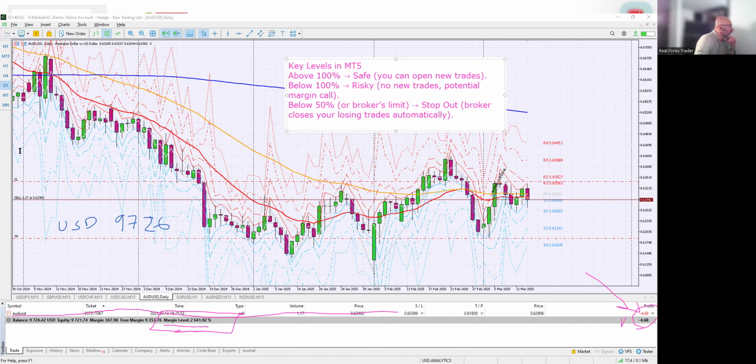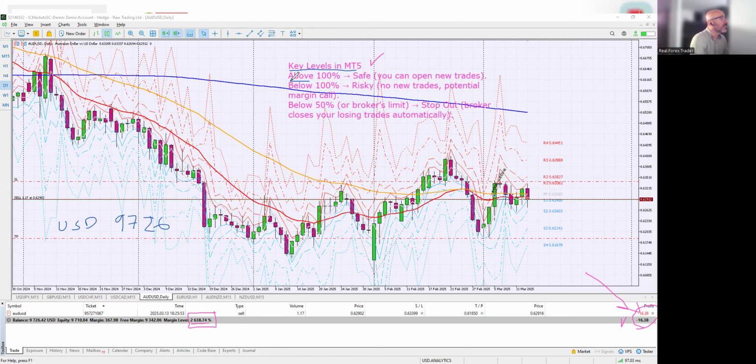If my margin level, this percentage here, is 296.43%. Okay. These are the key levels for MetaTrader 5. So what key levels are we talking about?